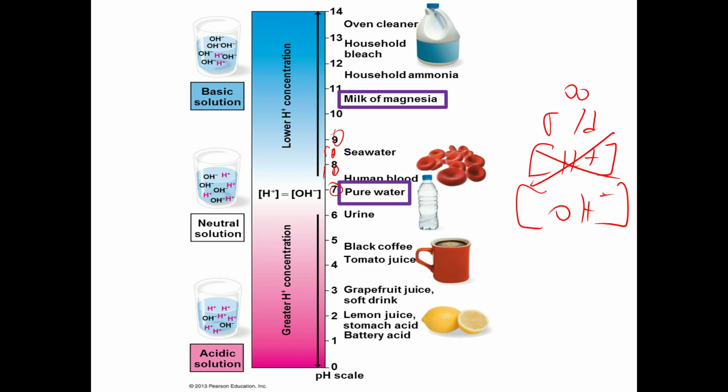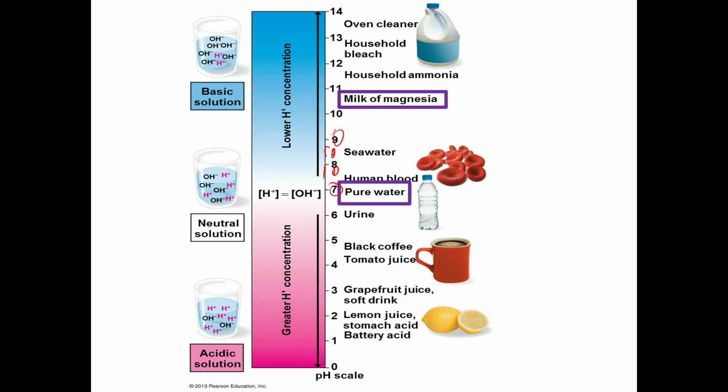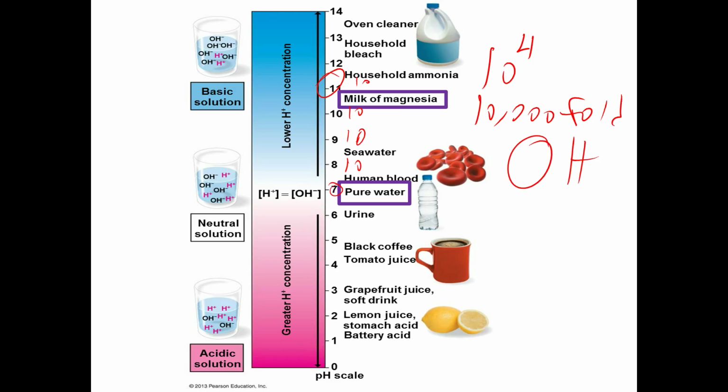Now, going from pure water to milk of magnesia, pH of 11. You're going 10, 10, 10, 10. In this case, 10 to the 4th power, a 10,000-fold increase in OH minus.